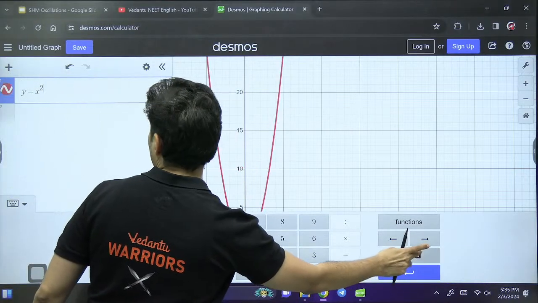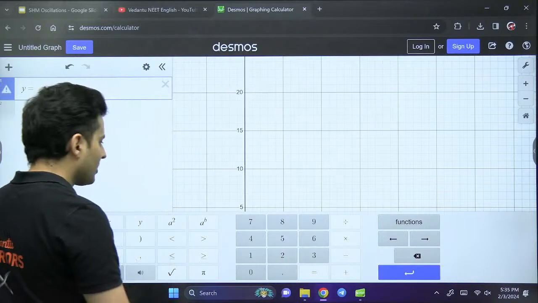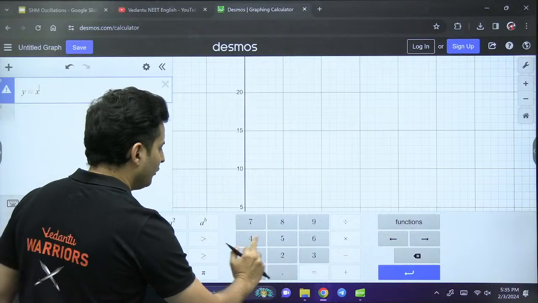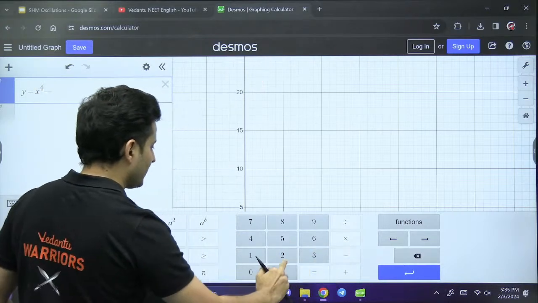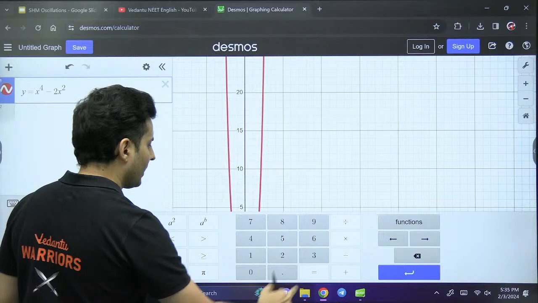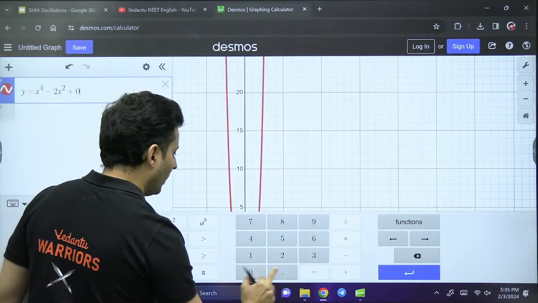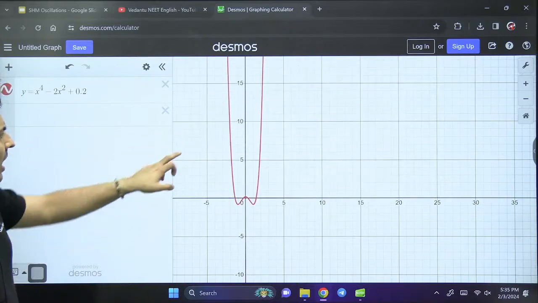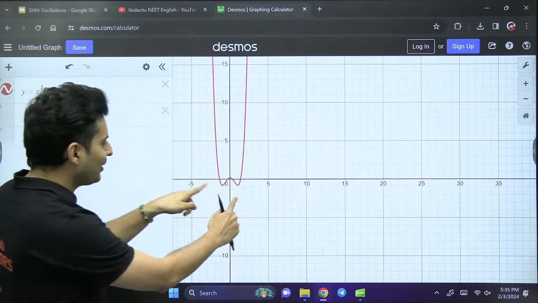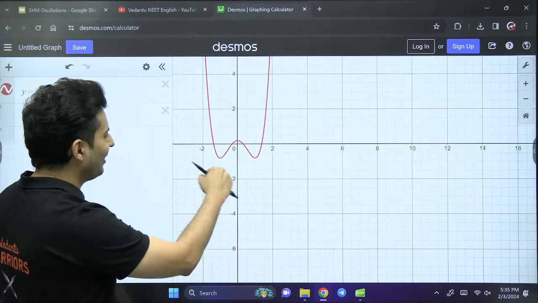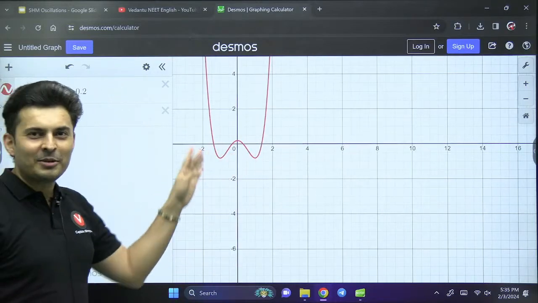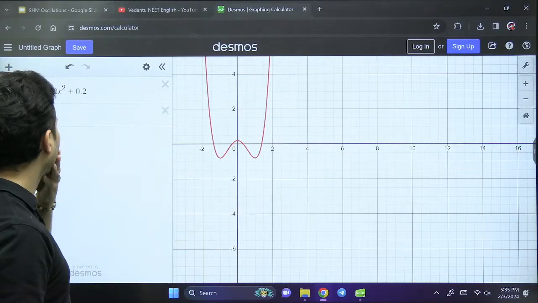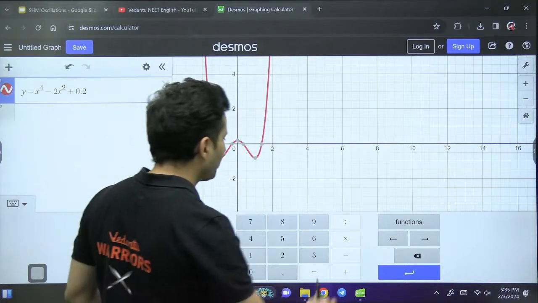Maybe x raised to 4 minus 2x square plus 0.2, something like that. Is this graph repeating itself? No. I don't see it repeating, but some nice curve has been formed, looks very funky. But this is not repeating itself at regular intervals. So this is like a big catch.